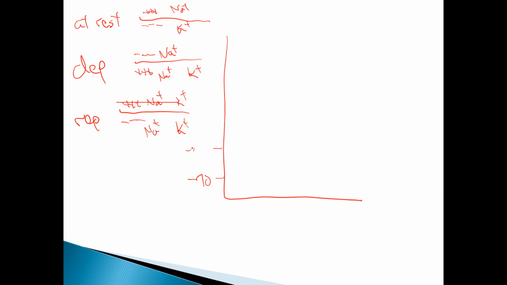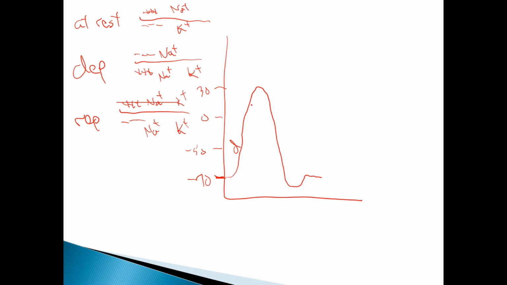Minus 70, minus 50, 0. This is 30. So here's our resting membrane potential. This is depolarization. The sodium gates open.